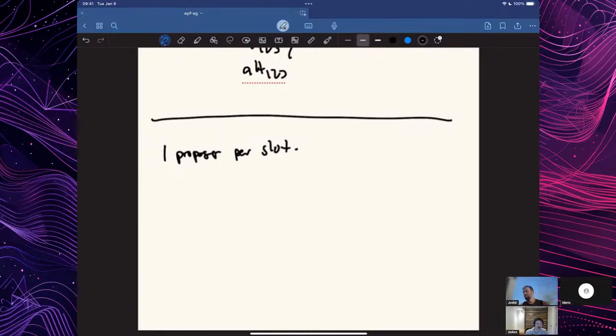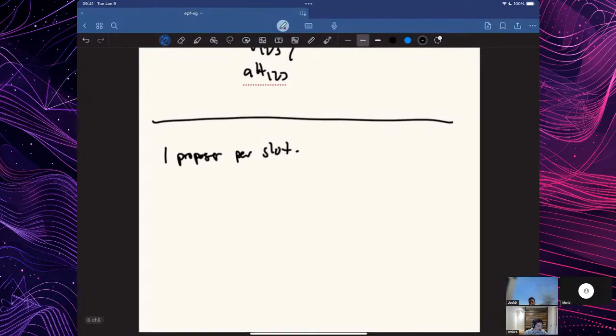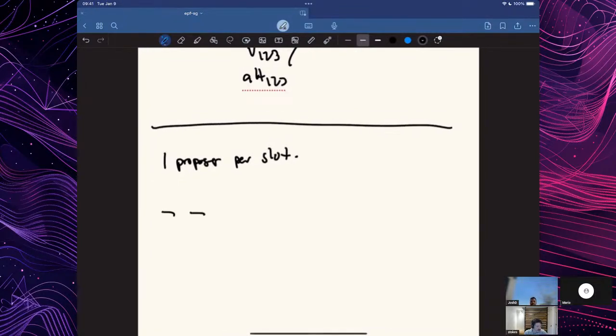And like I was alluding to, the proposer could miss their slot, in which case there just isn't a block for that slot. But generally, especially on mainnet, people are incentivized to participate, and so they do their job well. And so you can imagine that every slot ends up with a block.